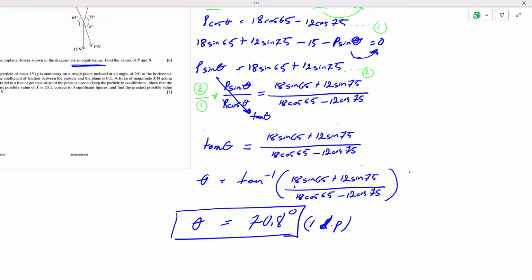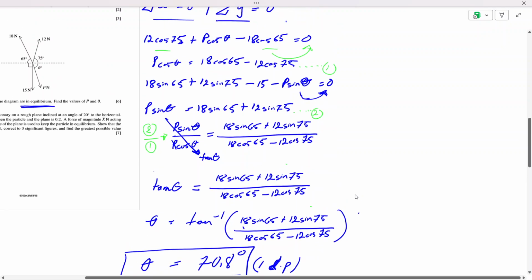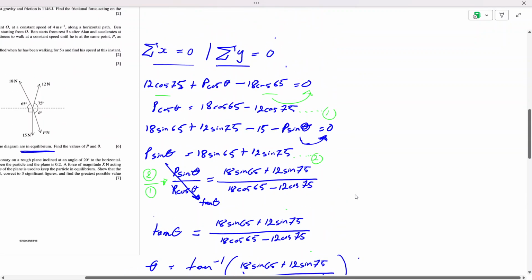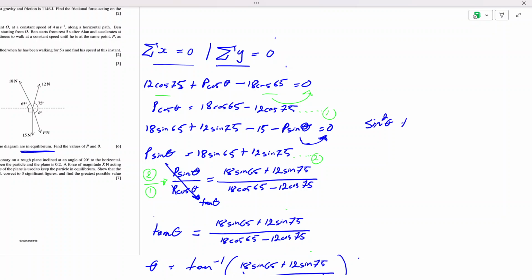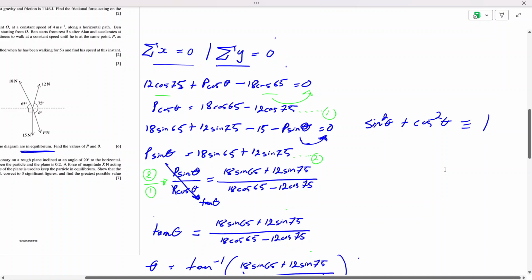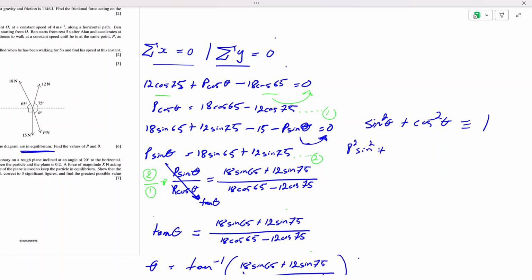All right. And then to get P now, I can use equation 1 and 2 again. Remember the trig identity, sine squared theta plus cos squared theta is equal to 1, is identical to 1, right? So I can square those, and it will look something like this.